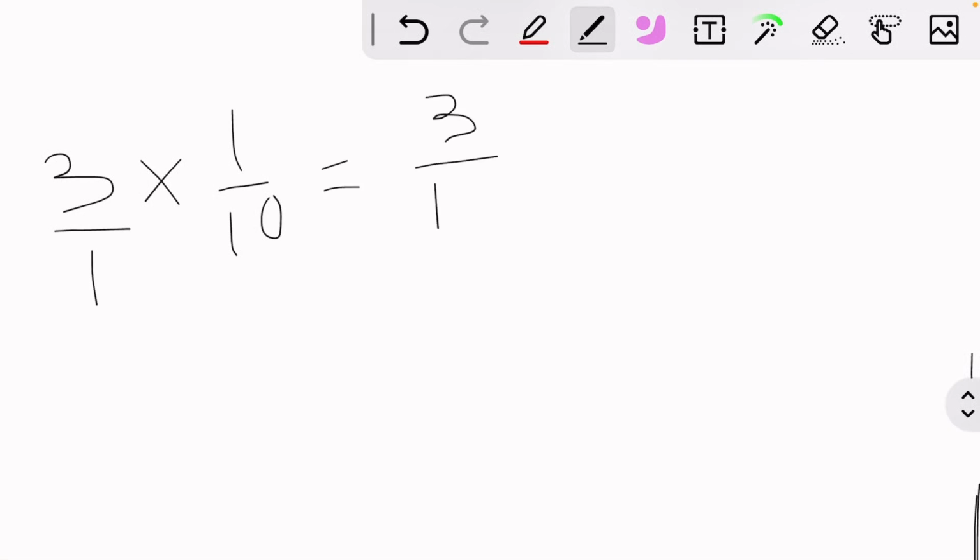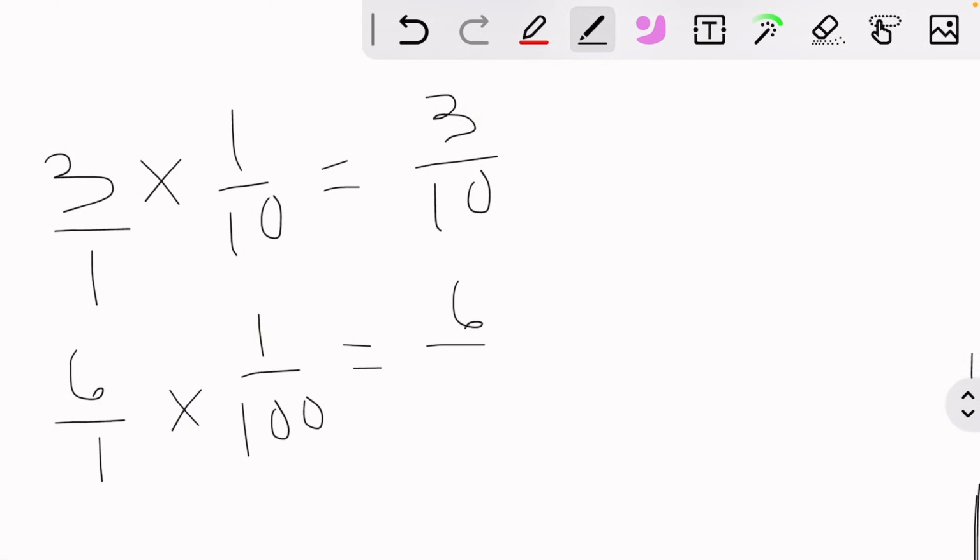So let's scroll down. We got 3 groups of 1/10, which is going to be 3/10, and we got 6 groups of 1/100, which is going to be 6/100.